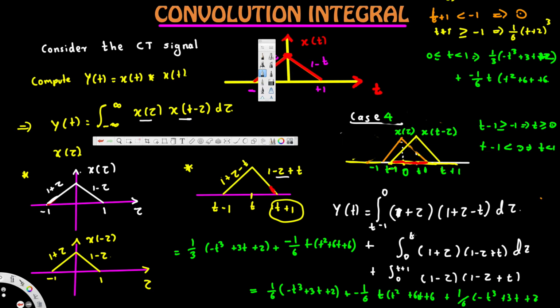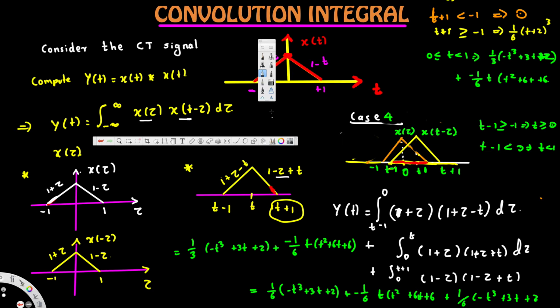0 to t. Okay. And at that region, let's see what we have. Upper slope of x of t minus tau, that's 1 plus t minus tau. So this one should be 1 plus t minus tau. Okay, let's change this one into 1 plus, actually 1 plus tau minus t.